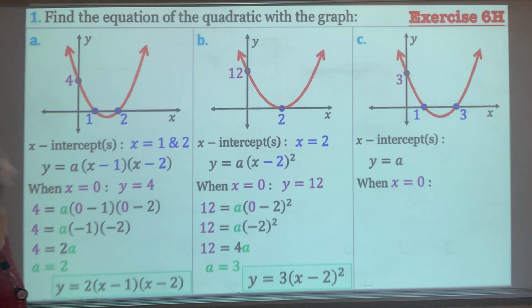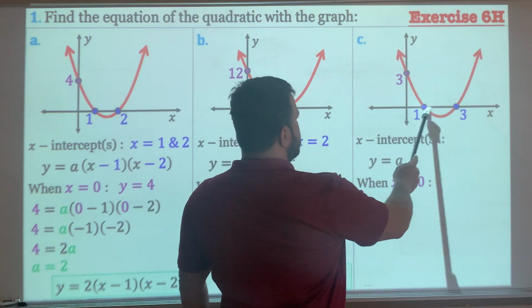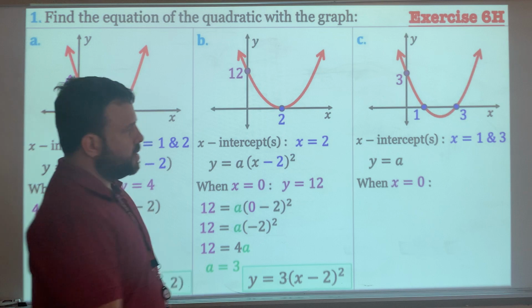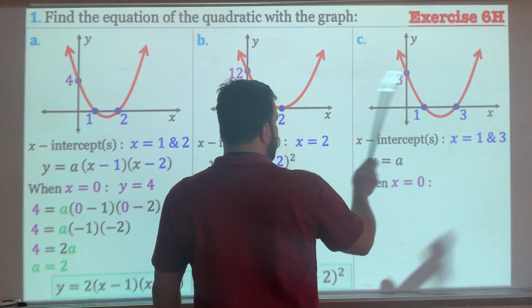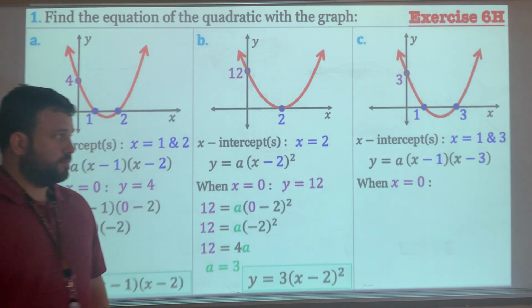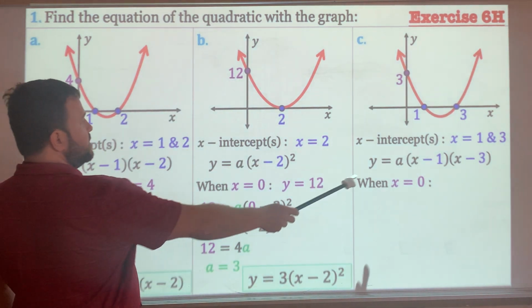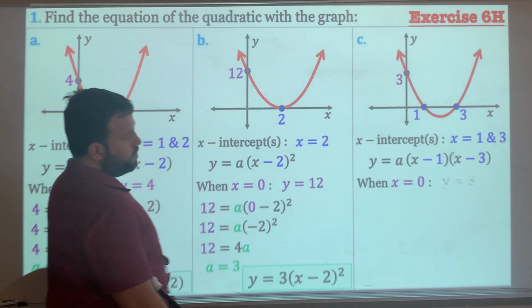All right. C. X-intercepts. 1 and 3. So our formula is going to be y equals a, x minus 1 times x minus 3. Okay, now we're solving for our a. When x is 0, y is 3.